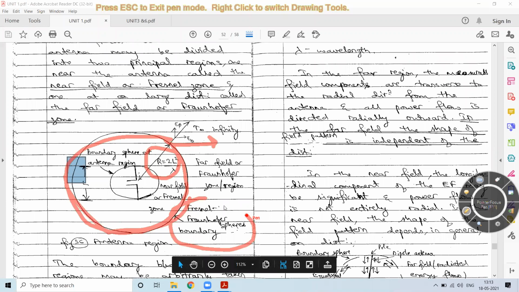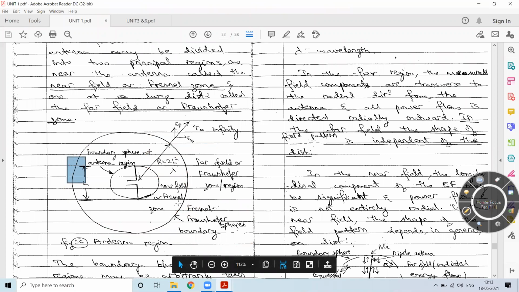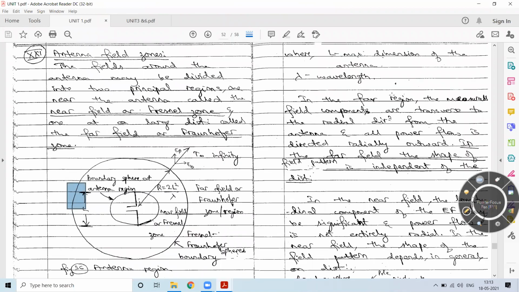Within this boundary you have the near field and outside this boundary you have the far field. So this is with respect to the antenna field zones.